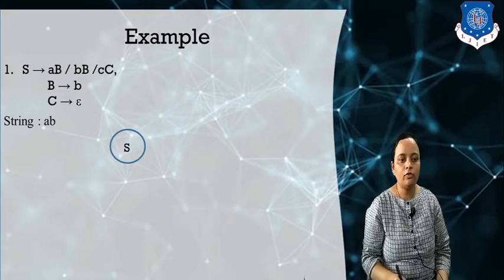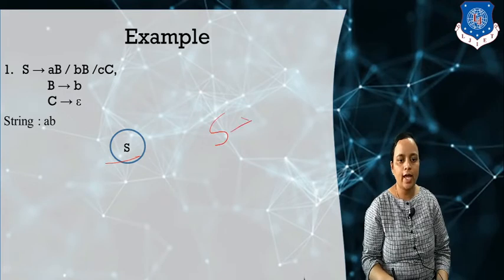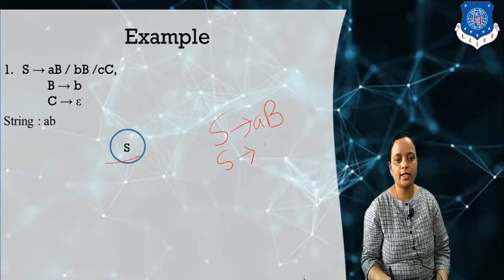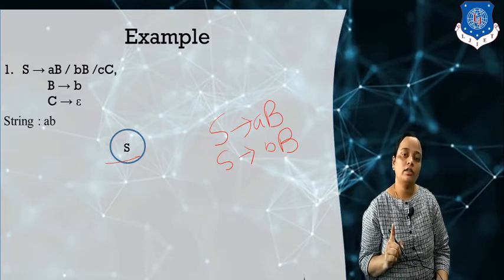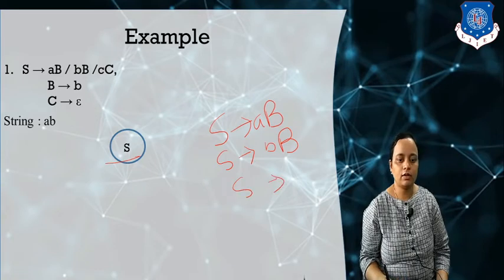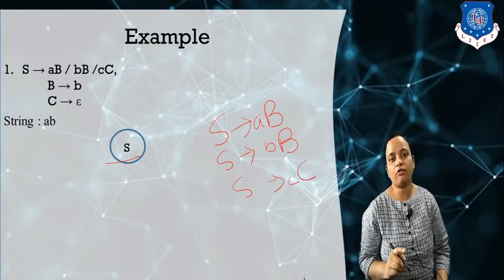Now I want to expand S. How can we expand S? For S, I have three choices: a B, and so on. In the derivation tree, we can always expand the non-terminals, and the last choice is S derives C. The expansion always starts from the start symbol.